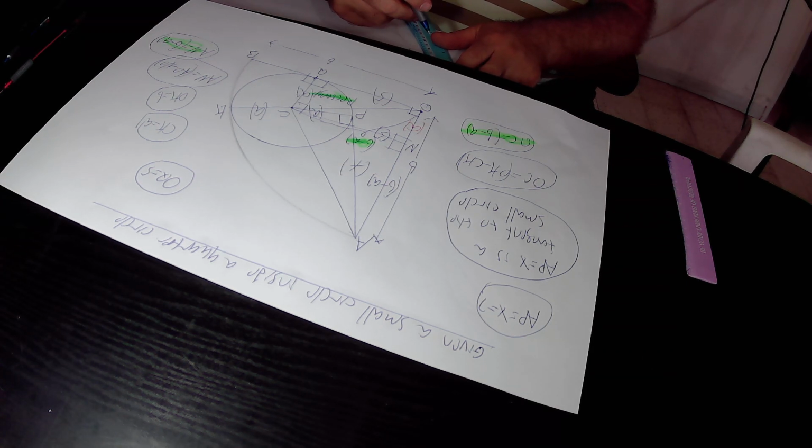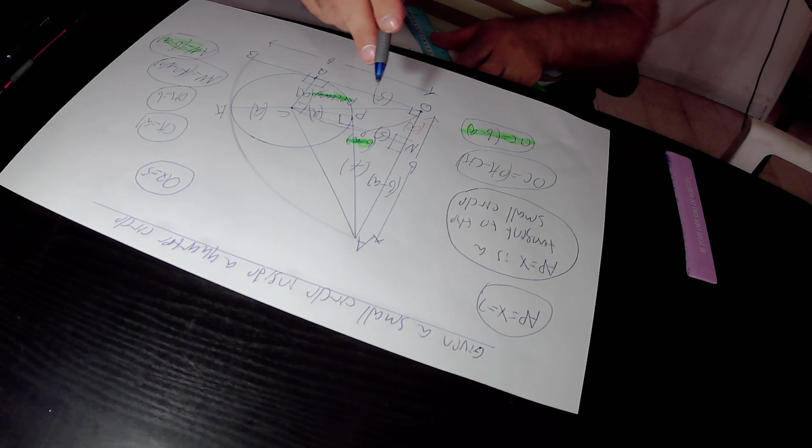We just found out that side AN equals B minus A. Side NC equals 5 units in its length. And AC is the missing side.